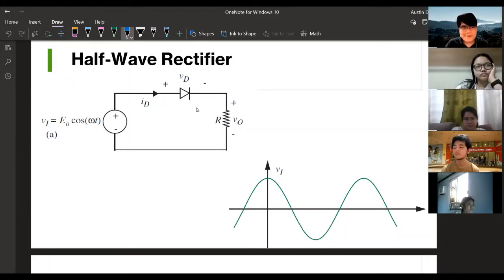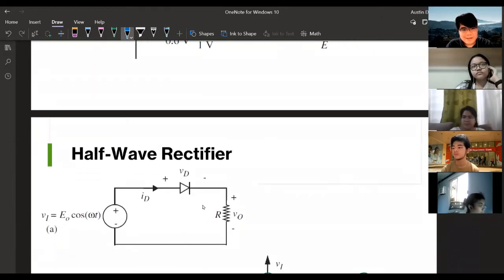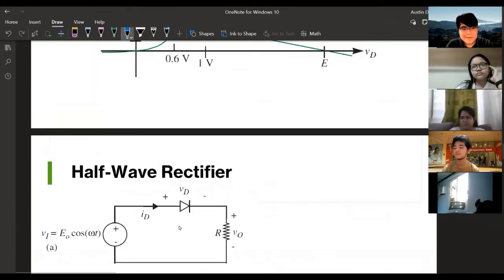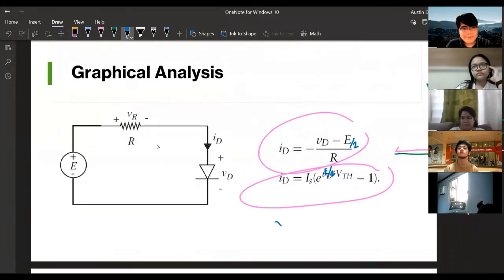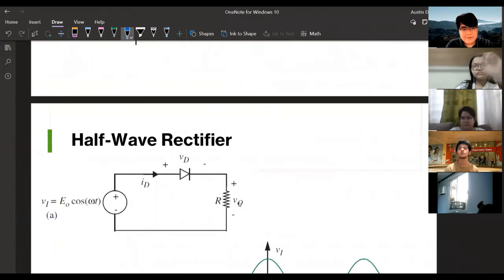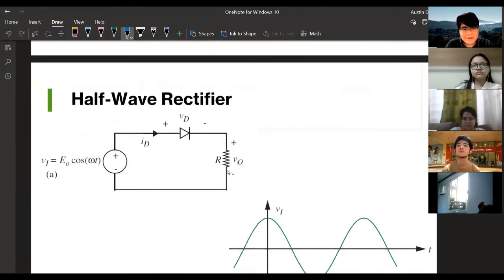Masayaw lang siya sa mga values na ganyan. For this time, pinagpalit natin yung diode and yung resistor. Kasi ito kanina, di ba? And now we want to measure the potential across the resistor. Okay? Ayan.